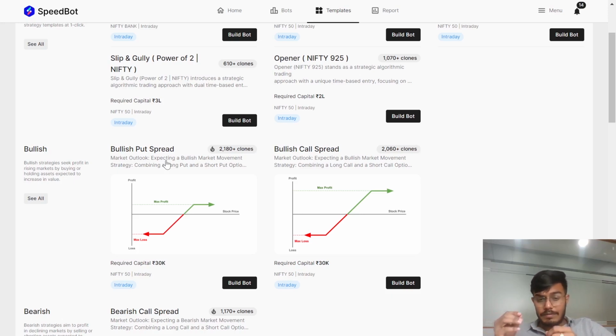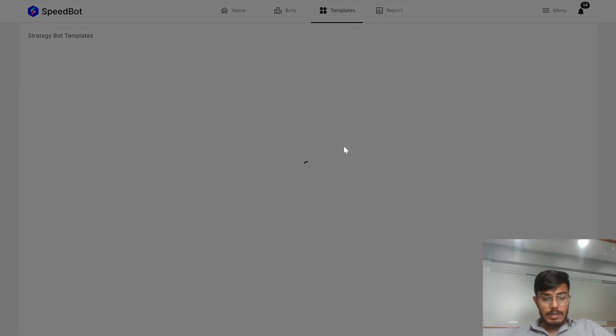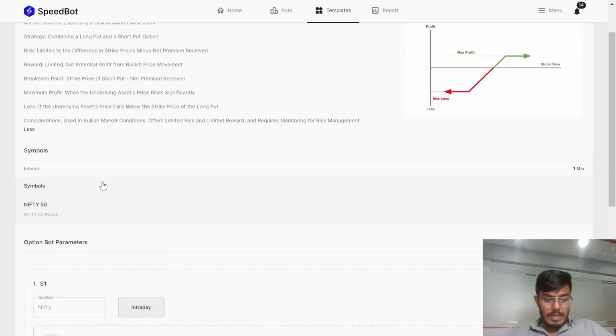Let us say if the markets shoot up, if you want to have the bullish positions being taken, over here you have the bullish section. As you can see, these are the number of clones, the number of times the templates have been copied. I'll click over here, and based on the description, I'll give it a go.